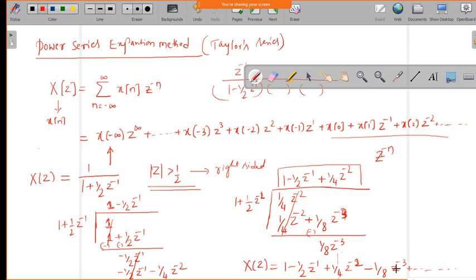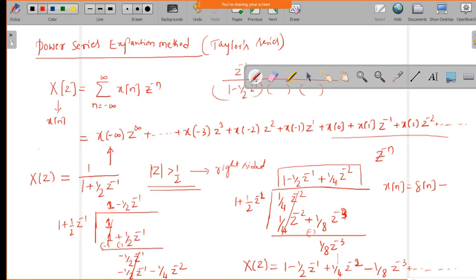So if you go on like this, you will get the x of z. Now this we can represent in terms of delta function. Because it is in terms of z power minus 1, you can see here the coefficients 0, 1, 2 are there in terms of the z power. So now x of n we can write: the first one is delta of n, if you take the inverse z transform of this x of z.